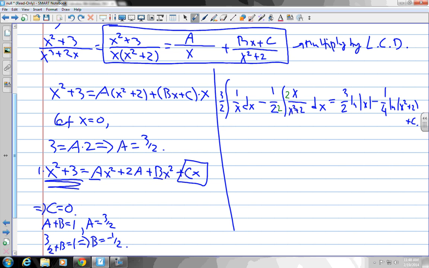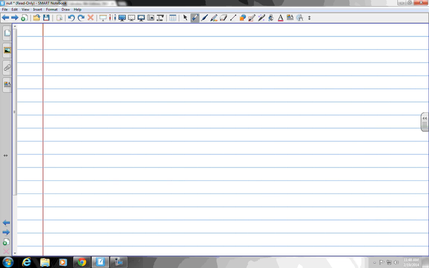All right, well, let's try this one. It's an integral of x to the 4th plus 1 over x squared plus 1 squared dx.